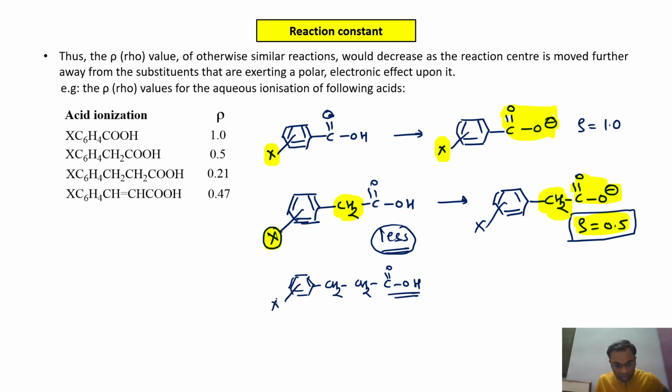Now this substituent is far away from the reaction center where the reaction is taking place, and therefore this X has very little effect in stabilizing this carboxylate anion which is formed after dissociation.